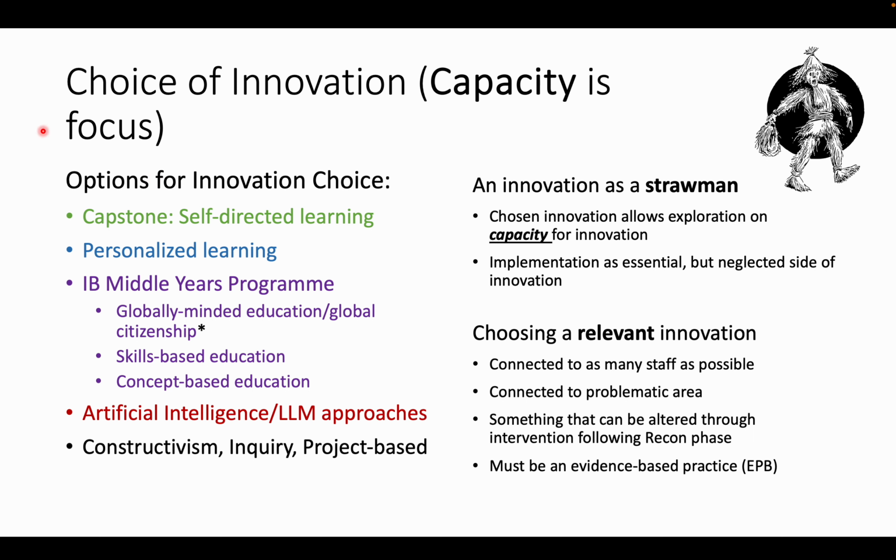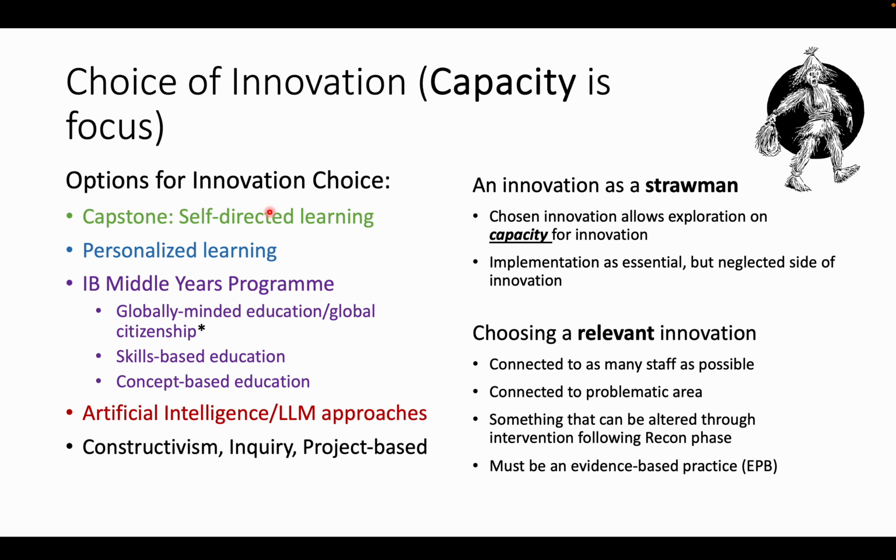The third question, or the second question, I forget which one it is, was about the choice of the innovation itself. We're intending to use the innovation as sort of a straw man to explore innovation capacity. Initially I had really focused on capstone, but it had already jumped to the underlying idea of self-directed learning being the focused innovation.